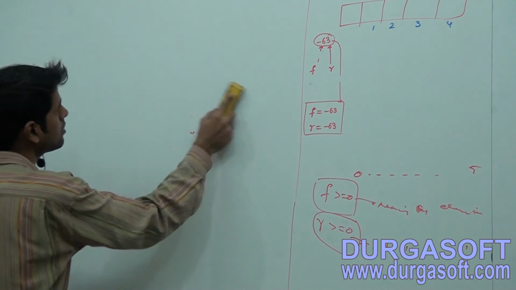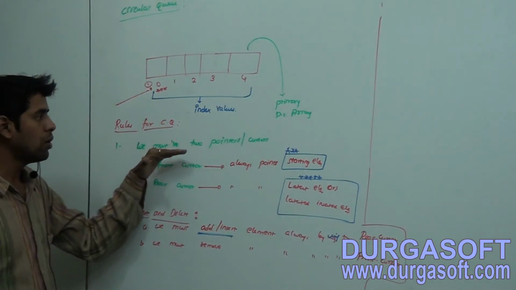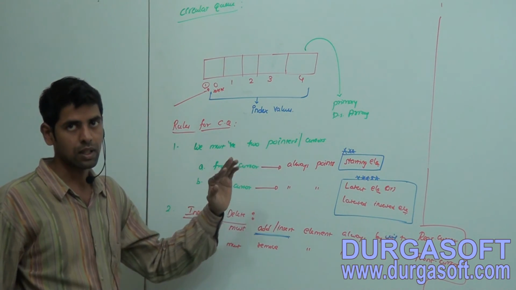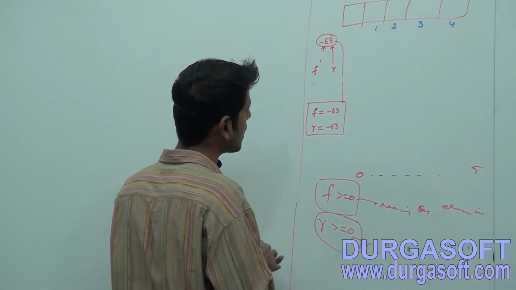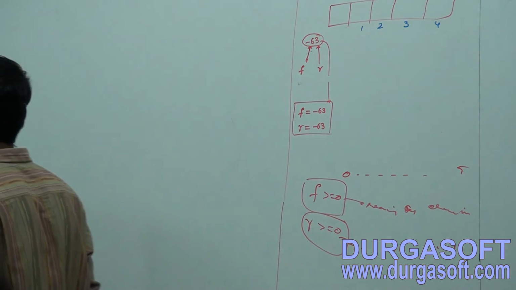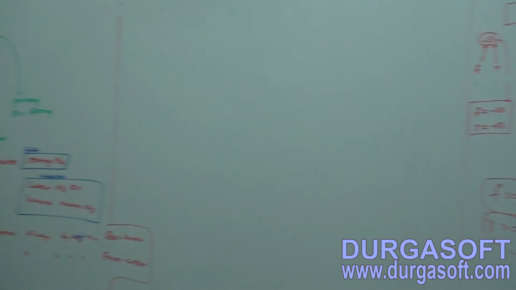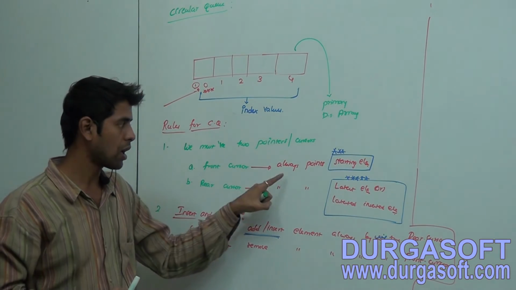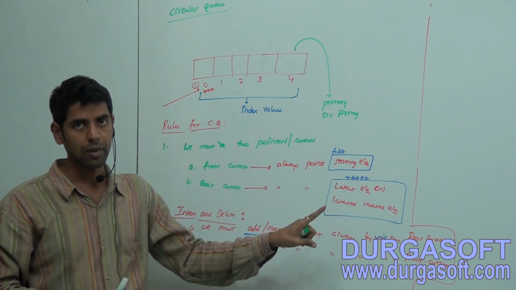What have I done? The first rule is that we must have two pointers or two cursors. So I have taken two pointers, f and r, front and rear. What is the rule for circular Q? The front cursor always points to the starting element.